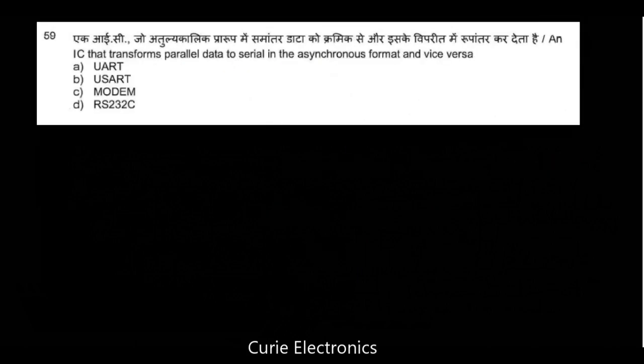Question number 59. An IC that transforms parallel data to serial in asynchronous format and vice versa. The answer is UART, Universal Asynchronous Receiver Transmitter. USART means synchronous as well as asynchronous, but here in the question only asynchronous is mentioned, so it is UART.